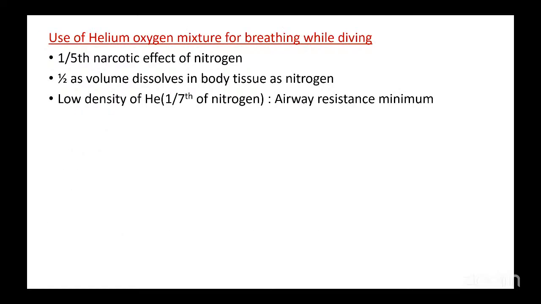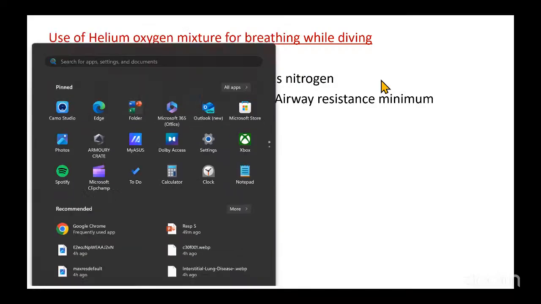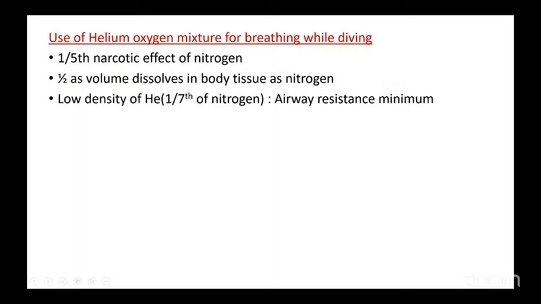Now, you can use a gas tank to give more oxygen. Most of the problems here are because of nitrogen, so you can instead give a mixture of oxygen and something else. Why a mixture? Because if you give 100% oxygen and you stay a long time, it will result in oxygen toxicity.